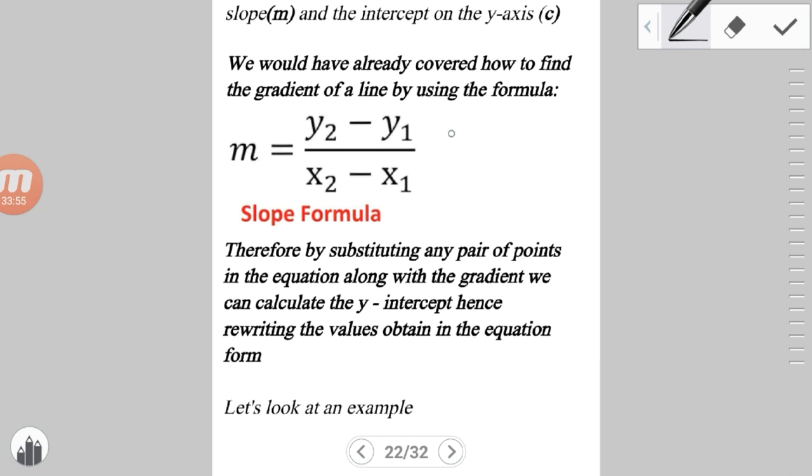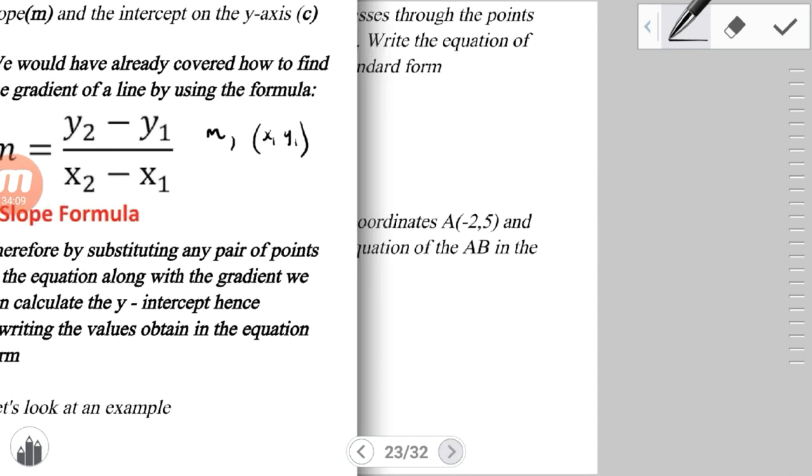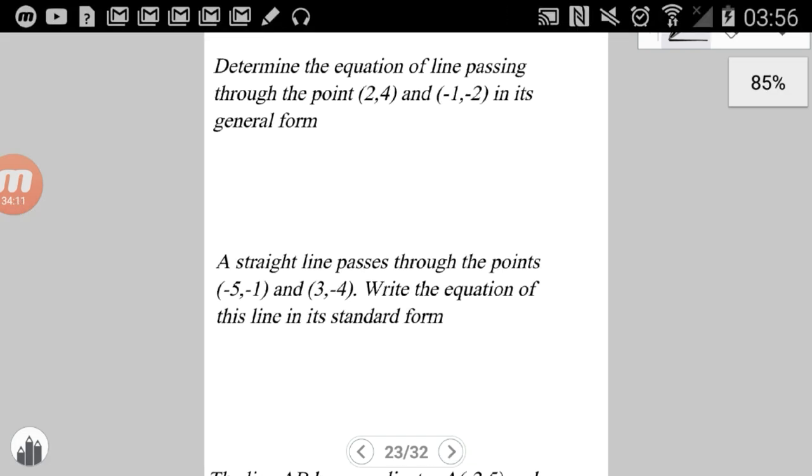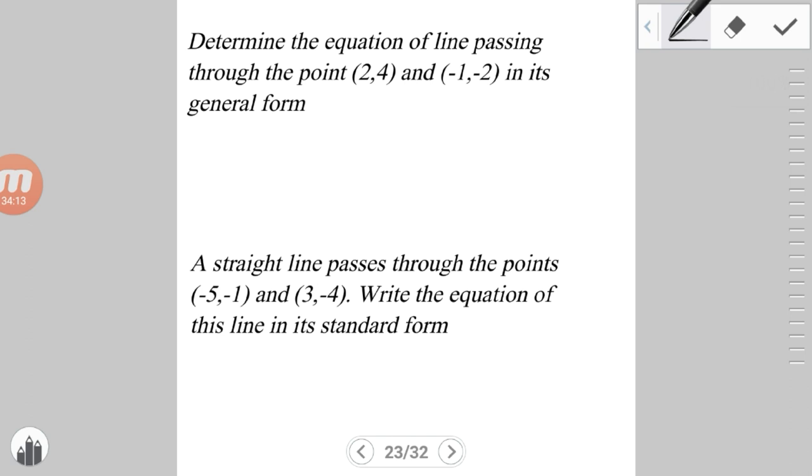So we are looking for m, and of course, once given m, we can take any pair of points, x1 and y1, and plug it into the equation to find the equation of the line. Let's look at some examples. Now question number 1 is to determine the equation of the line that is passing through the points (2, 4) and (-1, -2) in its general form.